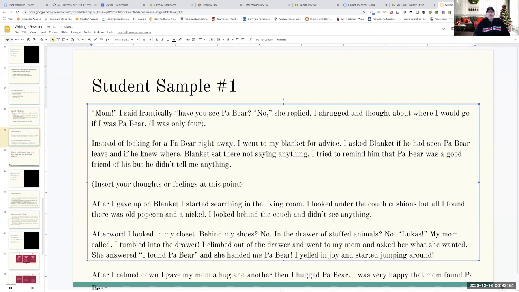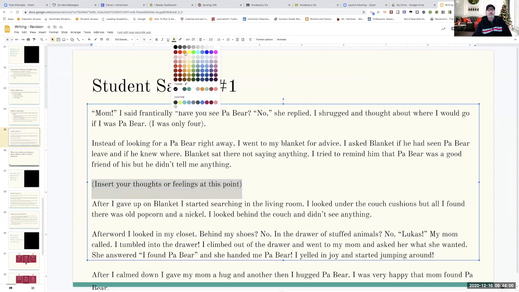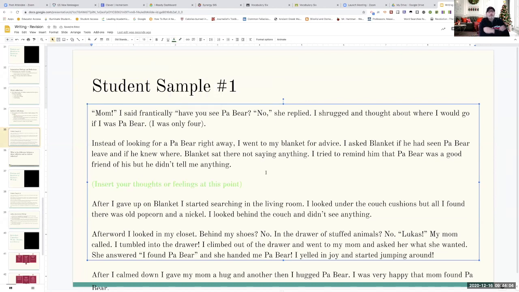So what does that mean? Again, I wanted you to put that in green. The narrator of this particular story is asking Blanket for advice. Have you seen Pa Bear? Blanket doesn't respond, obviously. So at this point, you want to add a sentence or two or three even.